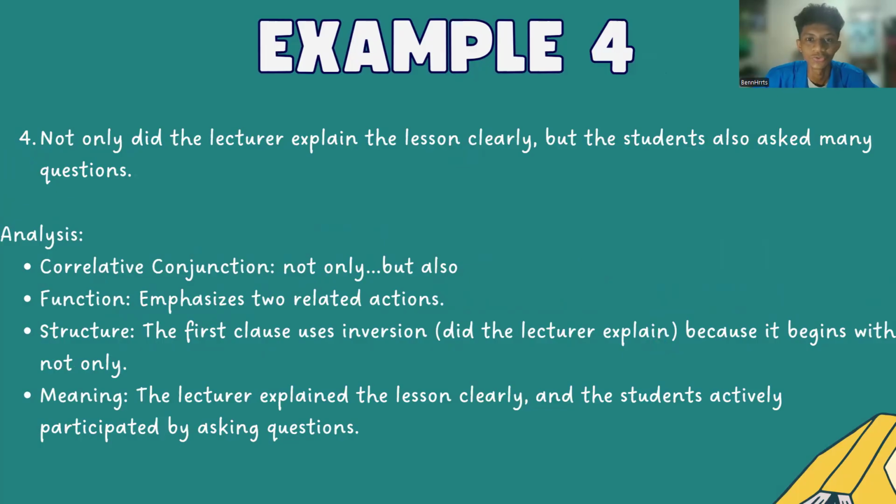So we move to example number 4. Not only did the lecturer explain the lesson clearly, but the student also asked many questions. For the analysis, correlative conjunction, not only but also, function is to emphasize two related actions. Structure, the first clause uses inversion because it begins with not only.